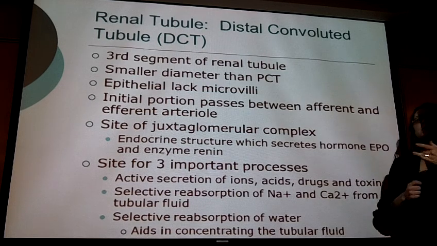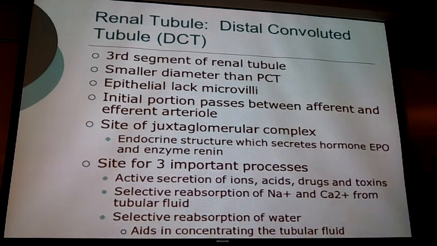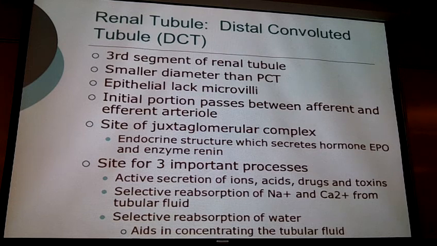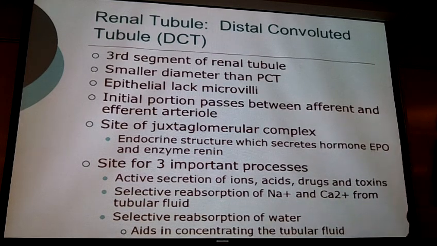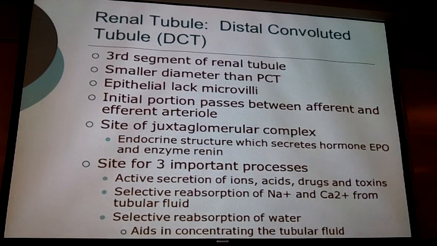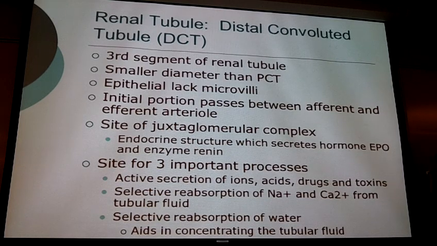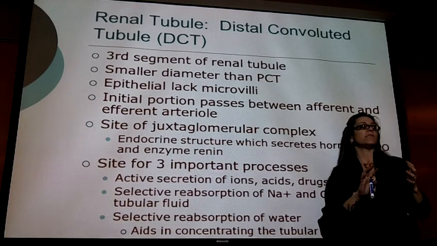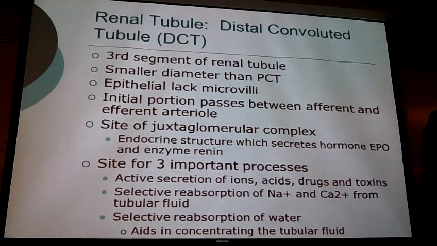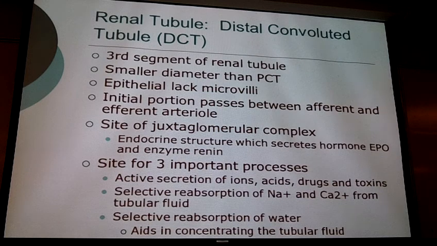So in the PCT and then the loop of Henle, there are always a certain number of pumps or channels there. And so we pretty much are always going to be reabsorbing a certain amount of glucose or amino acids or ions or water, because there are always a certain number of pumps there. The DCT, though, is different. We can change how much of this material we're reabsorbing because it's under the influence of hormones.